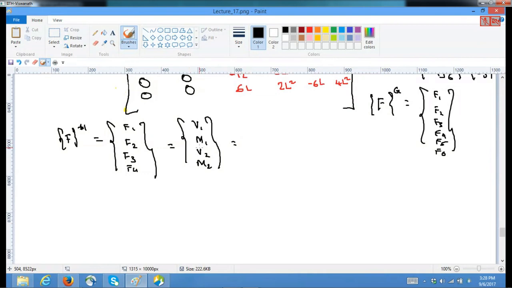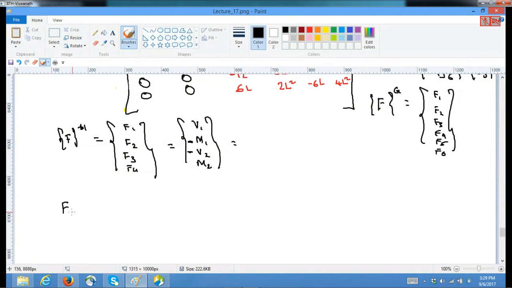Based on our convention used earlier, this is minus m1, because m1 will be going in a counterclockwise direction, whereas because of the sagging moments it has to be so, and this is minus v2 and m2. So these are our forces.